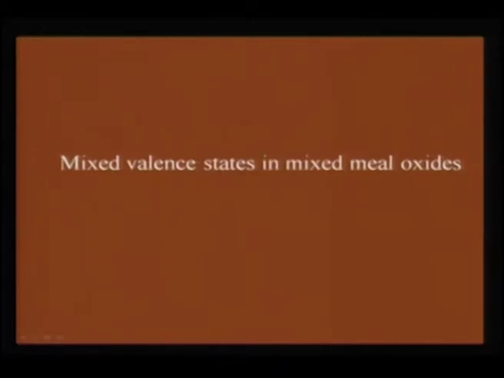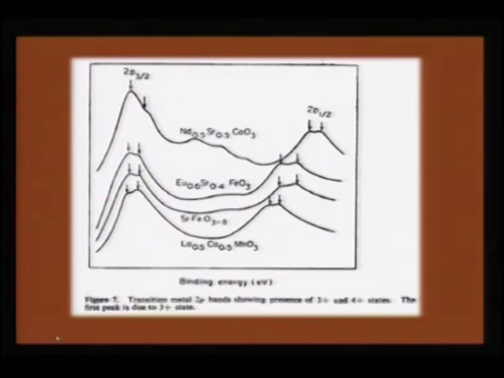We will also look at some more examples of mixed valence states in mixed metal oxides. Take for example the perovskites, the transition metal 2p bands showing both +3 and +4 states.